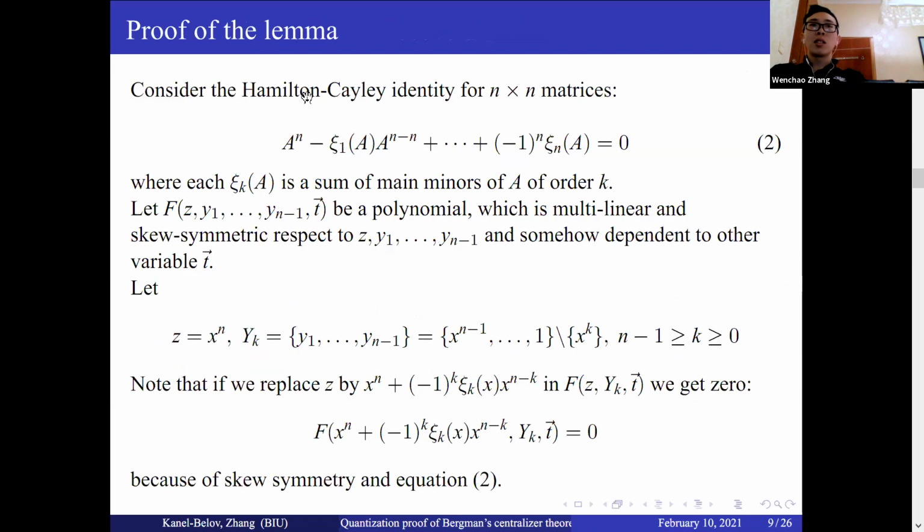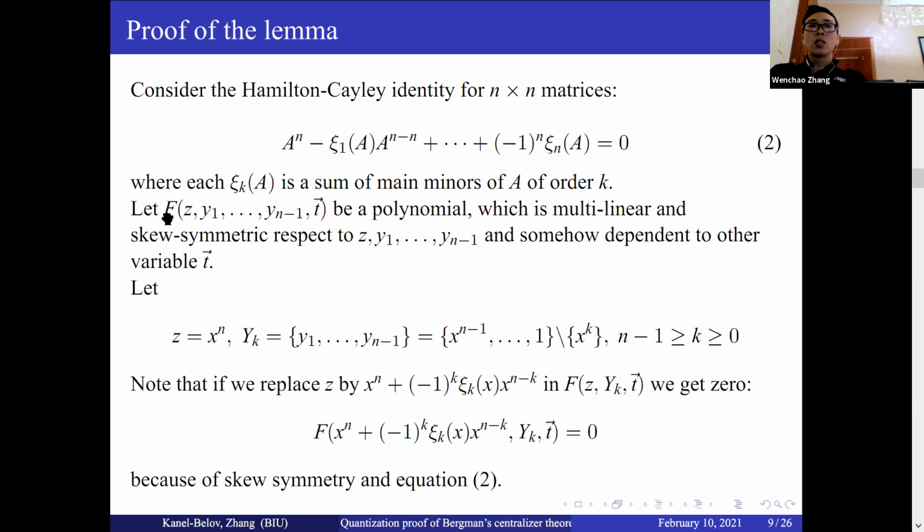Here we consider the Hamilton-Cayley identity for n by n matrices, A^n minus ψ1(A)A^(n-1) and so on. There is a typo here, and ψ_k(A) is the sum of the principal minors of A of order k.